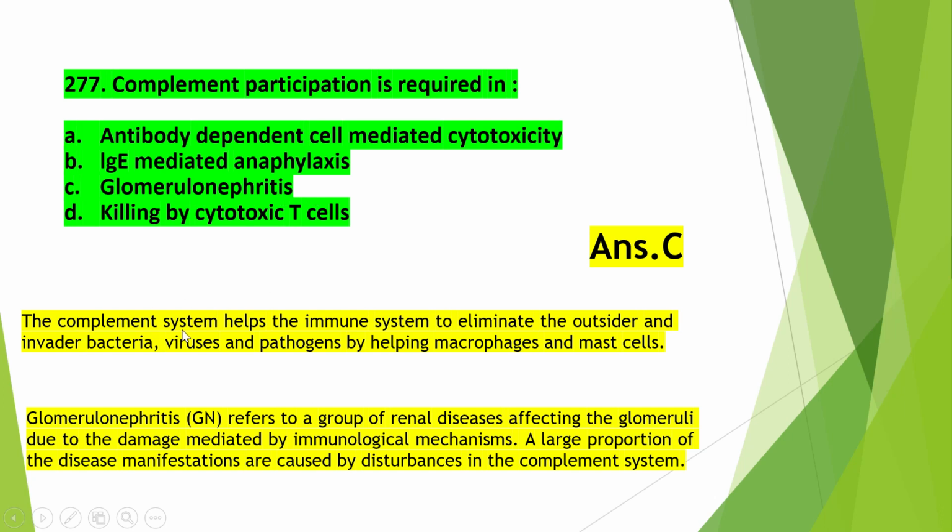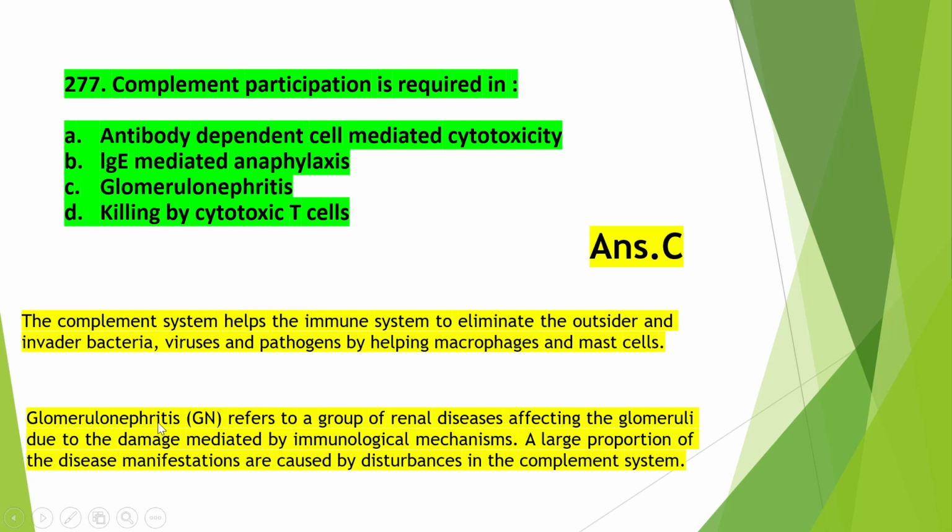And what is the complement system? The complement system helps the immune system to eliminate invader bacteria, viruses, and pathogens by helping macrophages and mast cells, which infect human cells.